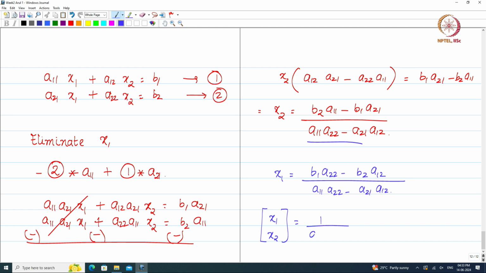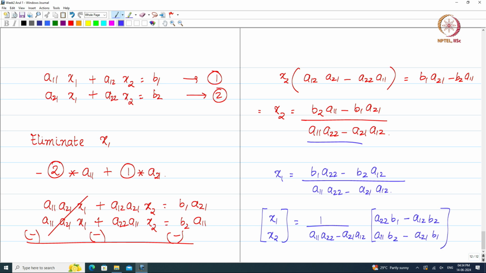So, I will write this as 1 by a11 a22 minus a21 a12, and at the numerator I have a22 b1 minus a12 b2, and x2 is a11 b2 minus a21 b1 is what we have.